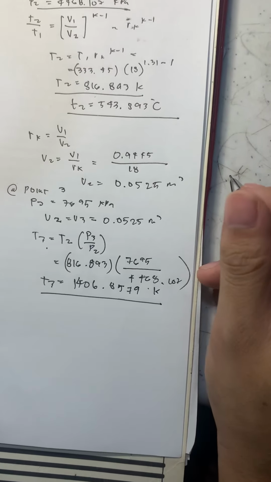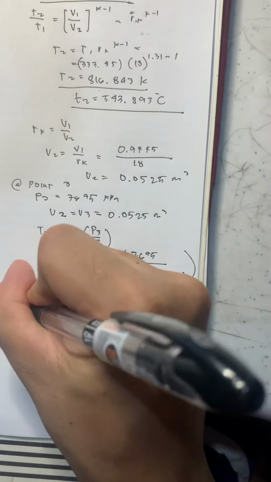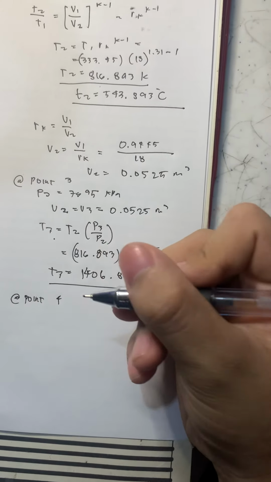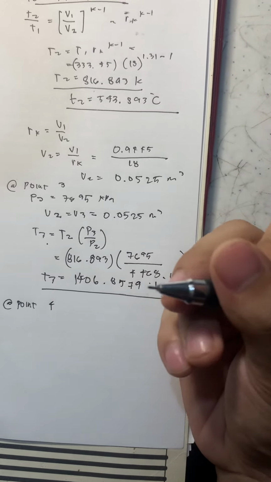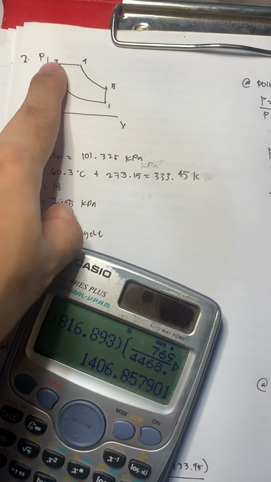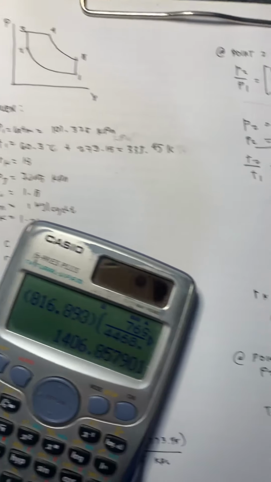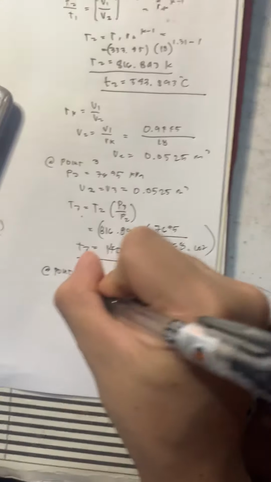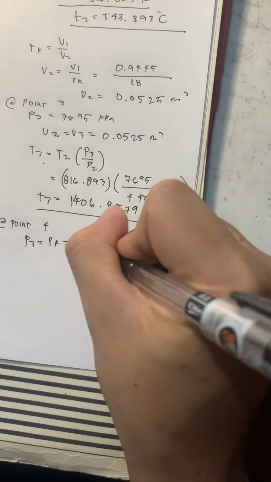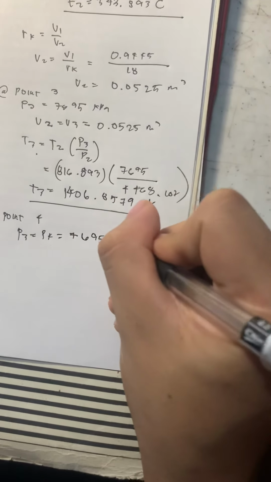Next is at point 4. Since in the diagram P3 equals P4, then P4 is 7695 kPa.